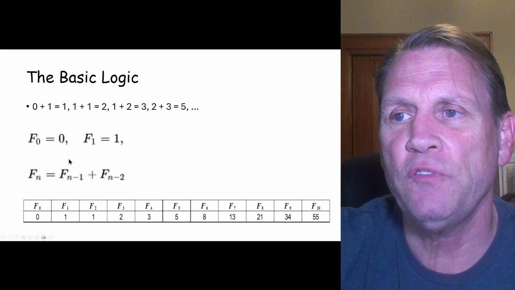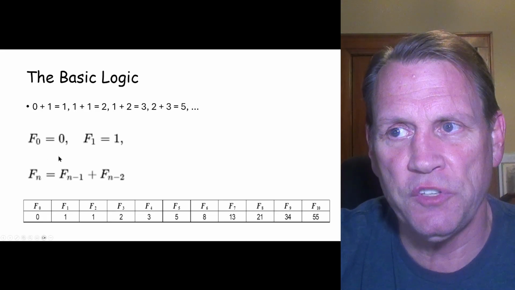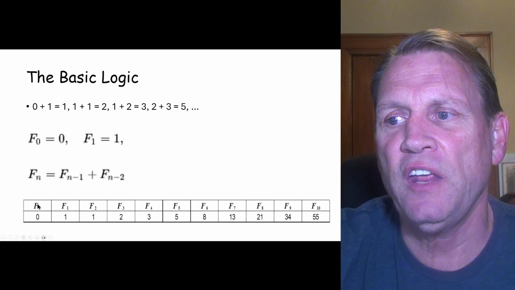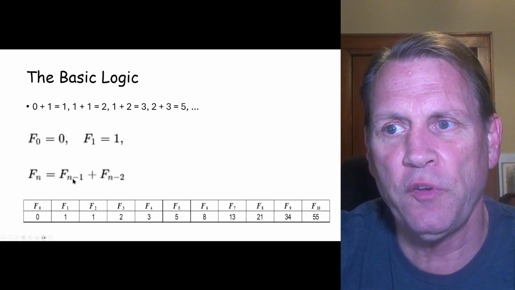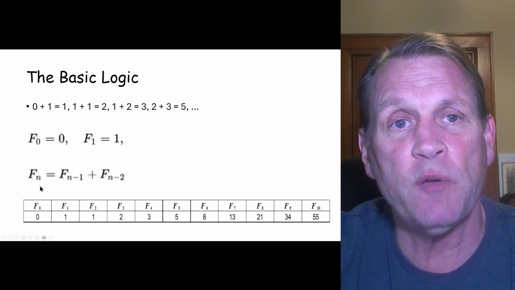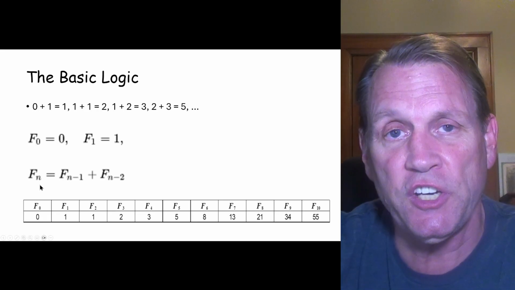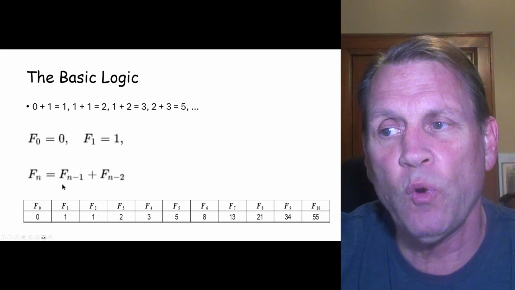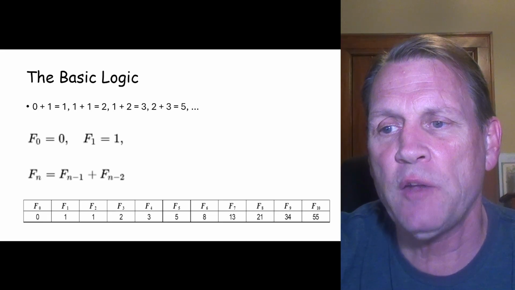Okay? So you've got then f sub 0 is equal to 0, f sub 1 is equal to 1, and then if you're working forward in the Fibonacci sequence, it's actually given by this simple equation. Whatever your f sub n is, whichever Fibonacci number you're talking about, it's always going to be equal to f sub n minus 1 plus f sub n minus 2.